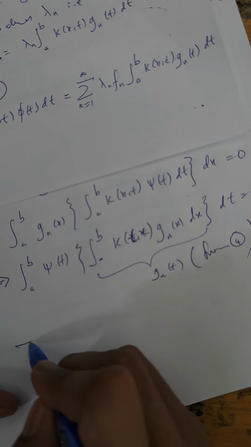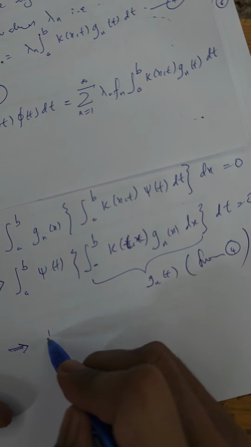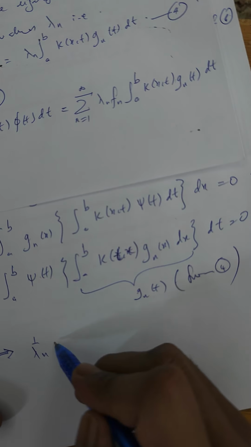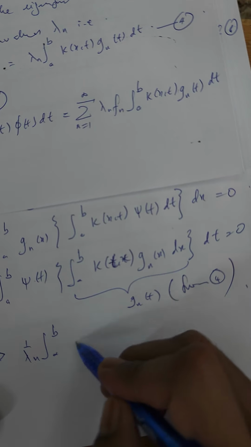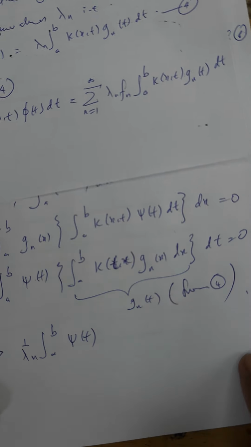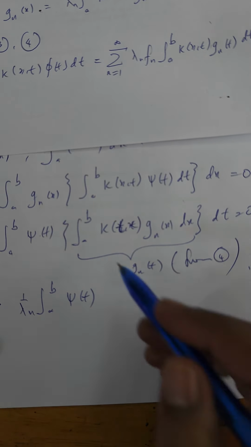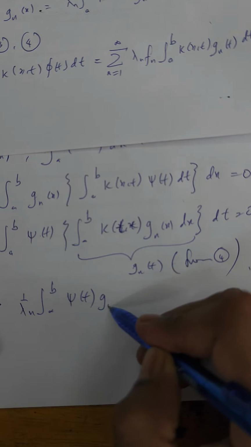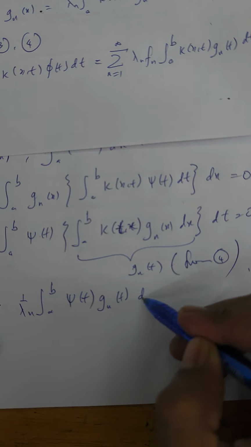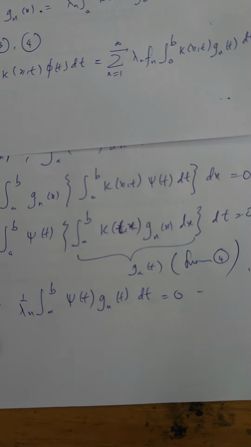So what we have now is that 1 over lambda n integrate a to b phi t g n t dt equals 0.